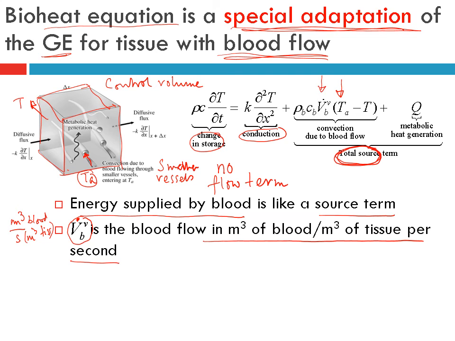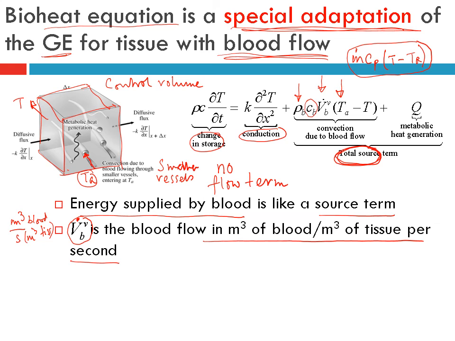So volumetric flow times the density is the mass flow rate, and that times the specific heat gives you the same term as m dot Cp (T minus some reference temperature). So that is the heat carried by the blood.